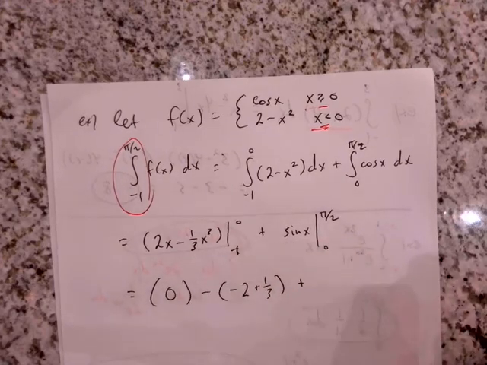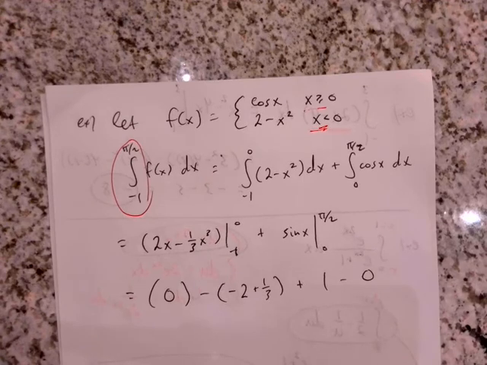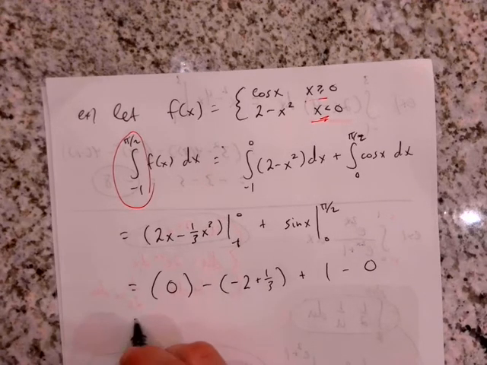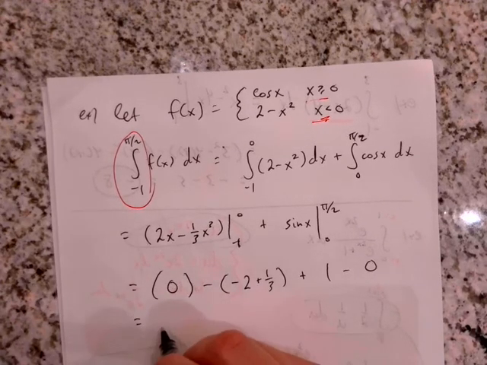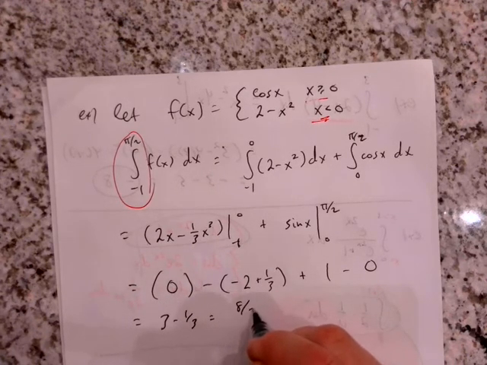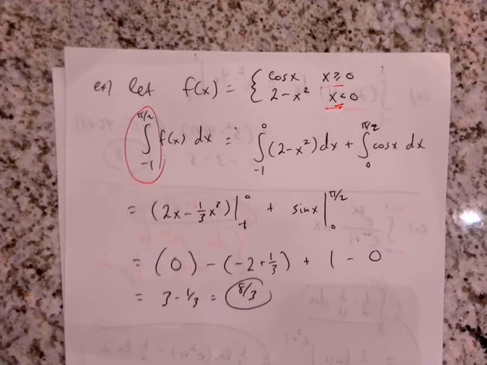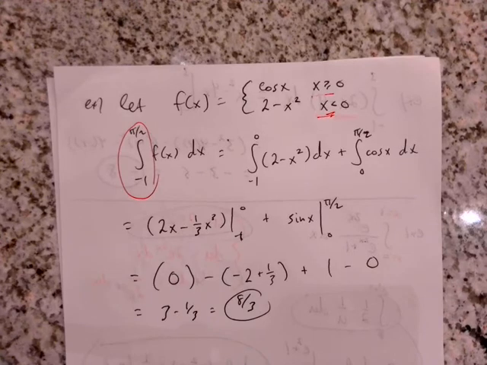And then plus sine pi over 2 minus sine of 0. And then simplify. So that's +2 plus 1. And there's our answer. So for piecewise functions, just break them up accordingly.